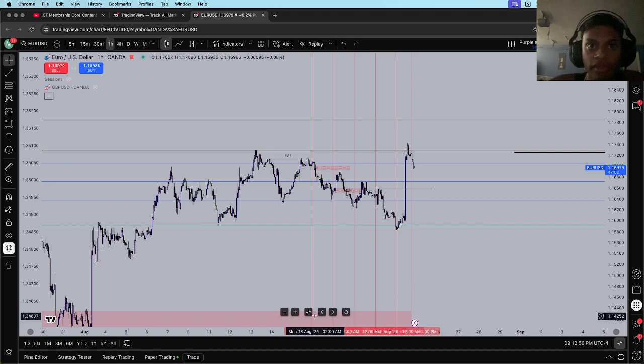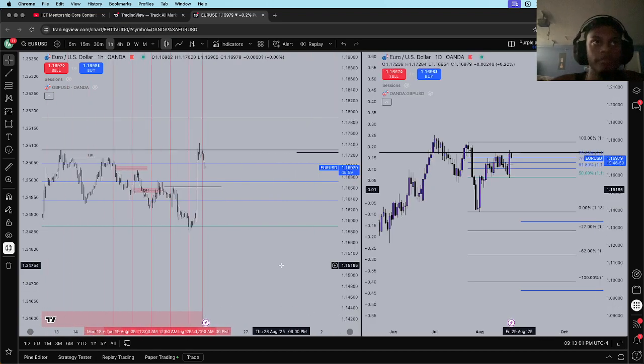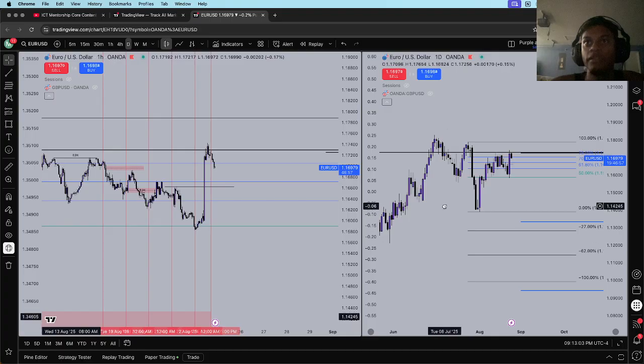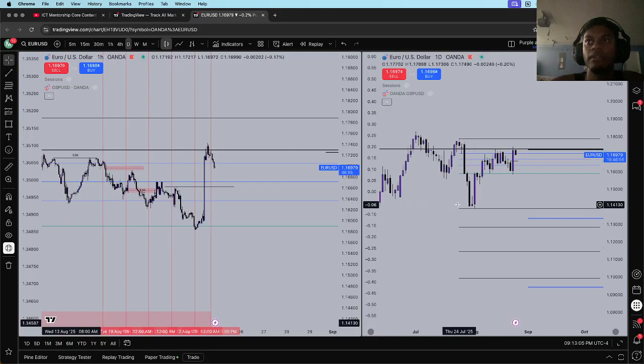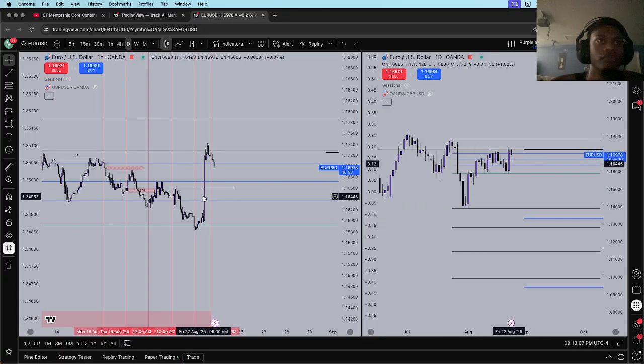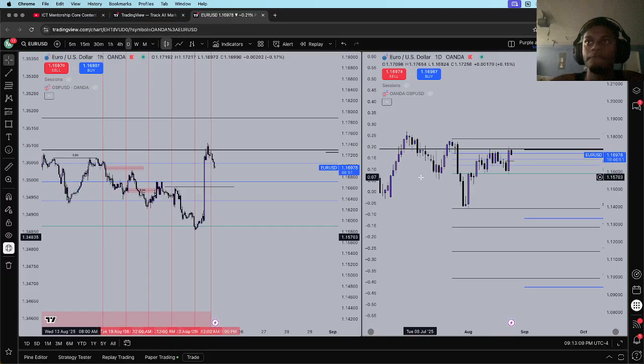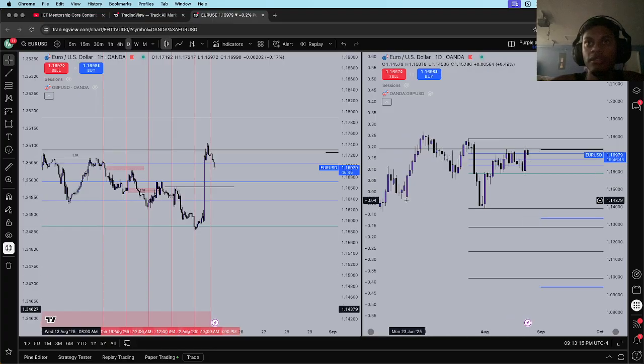What's weird is this. I'm looking at this now, and I'm looking at this a bit differently because of this move right here, right? Price originally swooped this low, and then it pushed up. Swooped this low, and then it pushed up crazy.